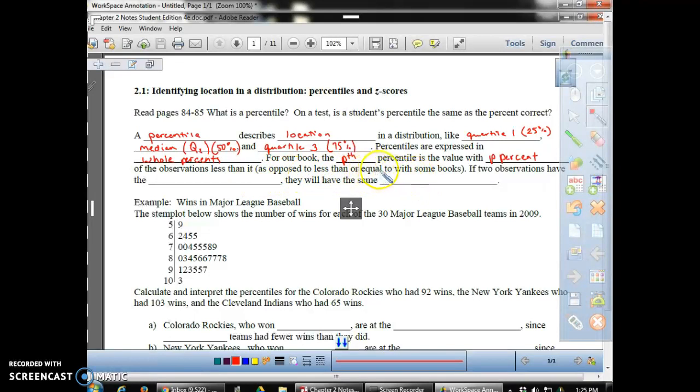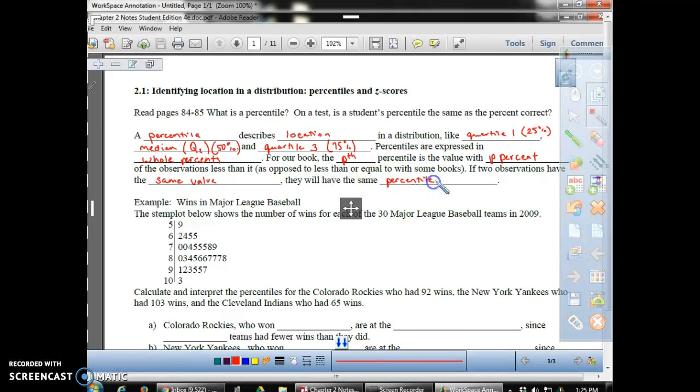So for example, the 75th percentile means 75% of the observations will fall below the value. So if 2 observations have the same value, they will have the same percentile.